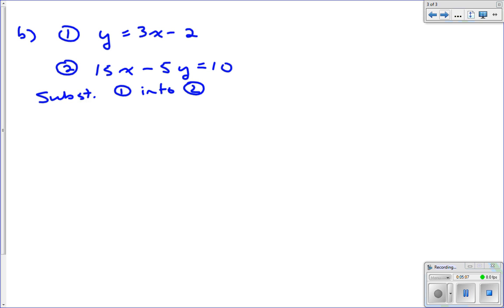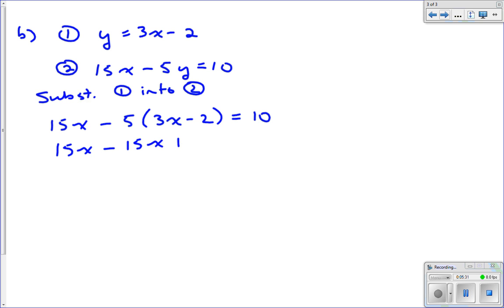And what we're looking at today is true whether we use the substitution method or the elimination method. So if I substitute 1 into 2, I know what y is here, so I'll have 15x minus 5 times 3x minus 2 equals 10. So if I multiply through there, I get 15x minus 15x plus 10 equals 10.